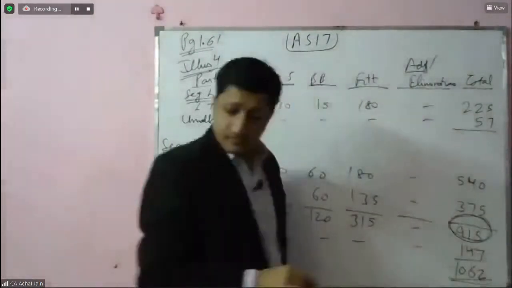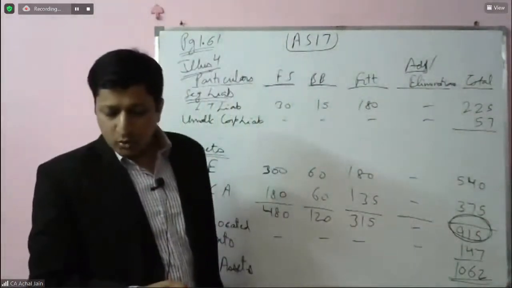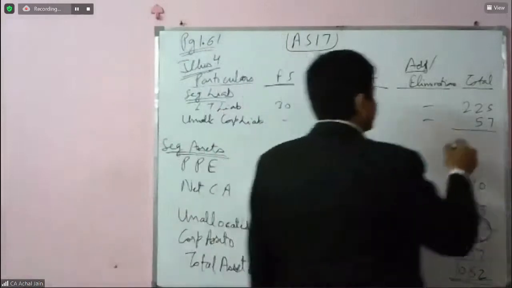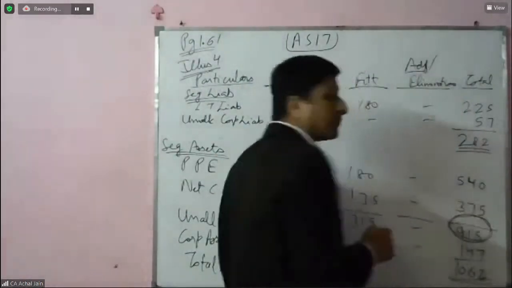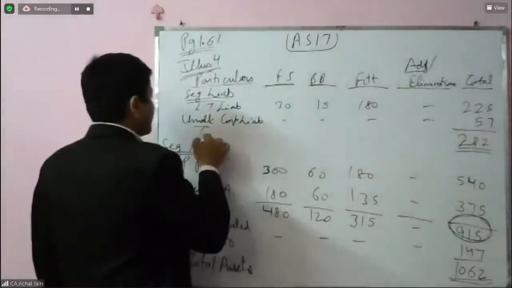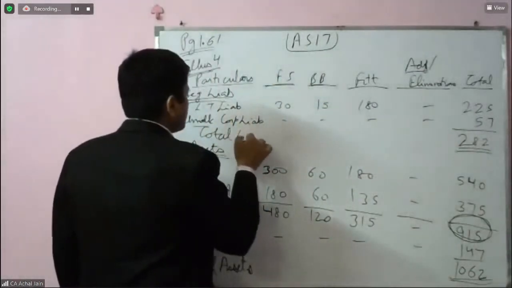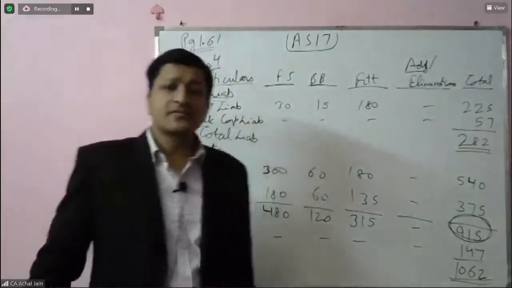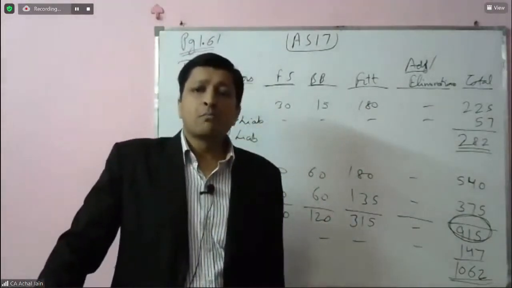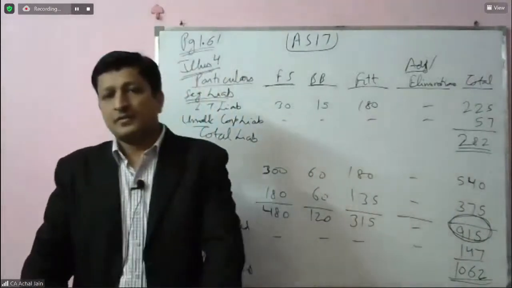So what do we get? We get 282. 282 is the number of total liabilities. Total liabilities means those liabilities which are taken to the balance sheet straight away.